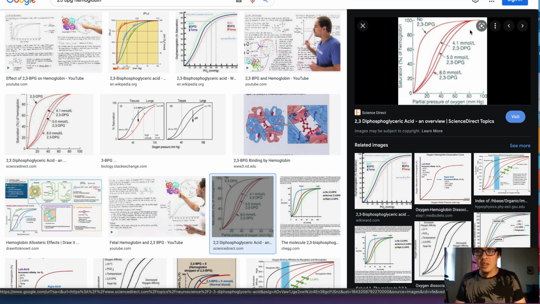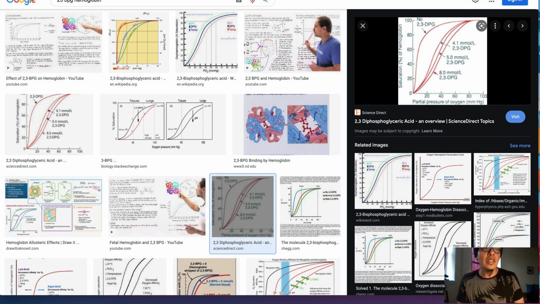Okay, so at a higher partial pressure. Sorry. Okay, so this is a chart of that. So now that's one way of stabilizing hemoglobin, and that's one external molecular way through the presence of BPG or DPG, however you want to phrase it.